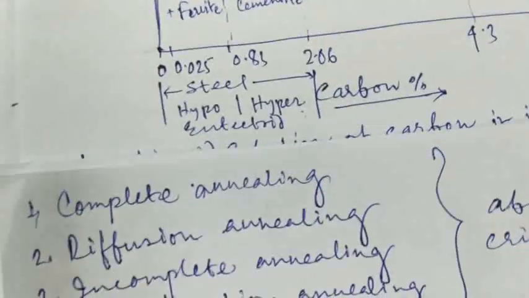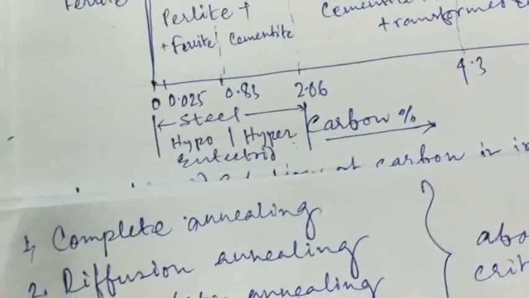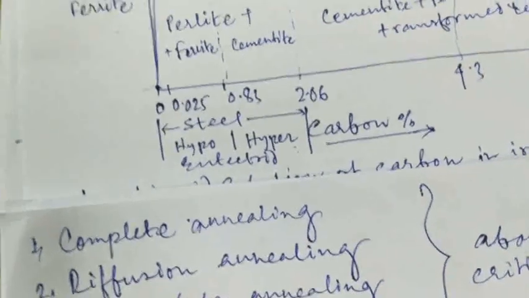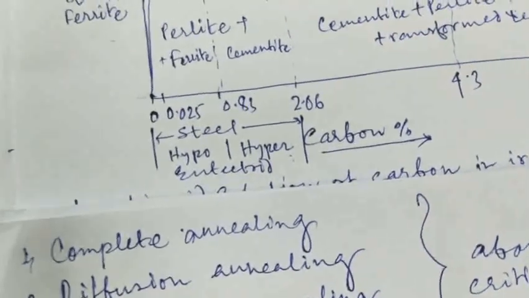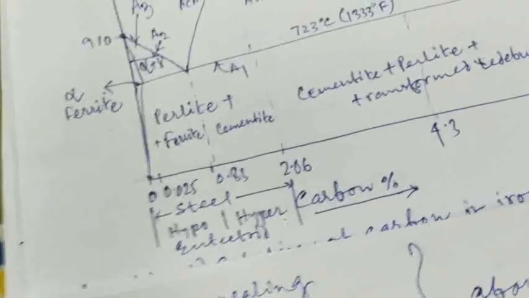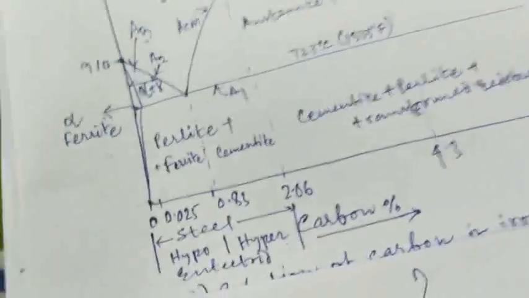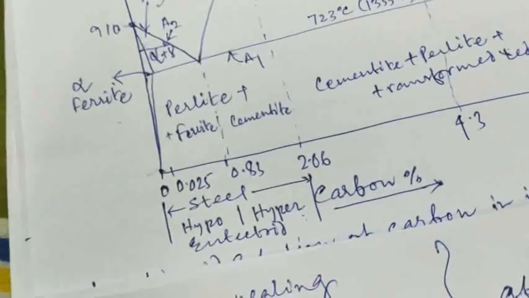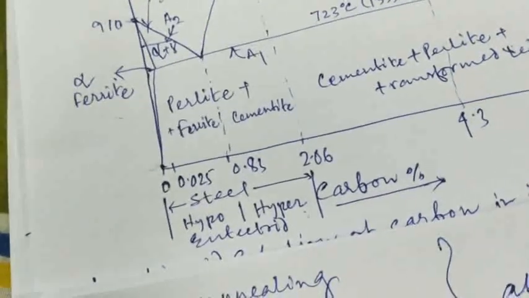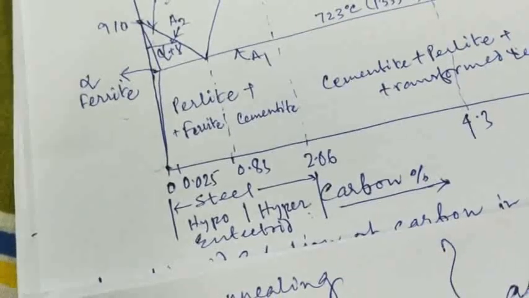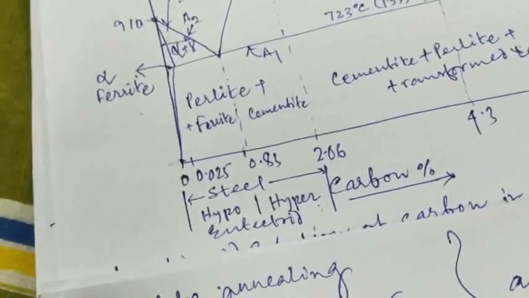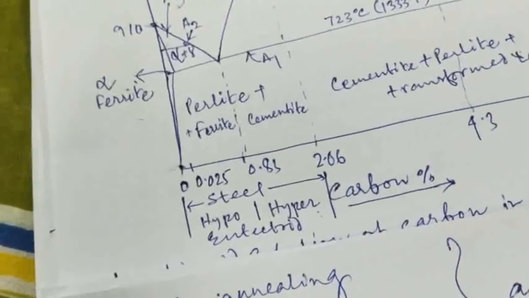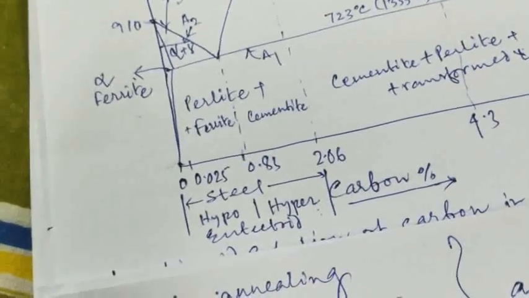Next is diffusion annealing, or you can say uniform annealing. The process is to heat the casting or forging billets to a temperature slightly lower than the solidus line for a long time, then slowly cool down to eliminate the unevenness of chemical composition.